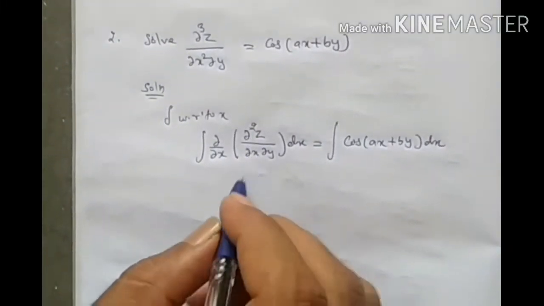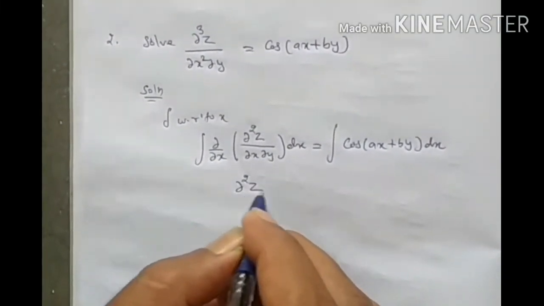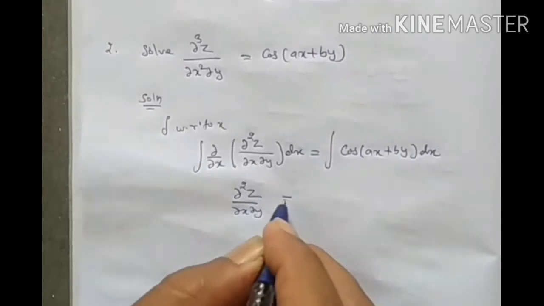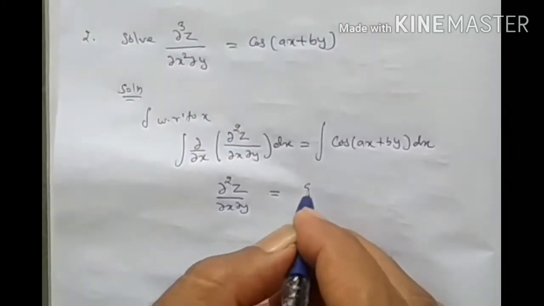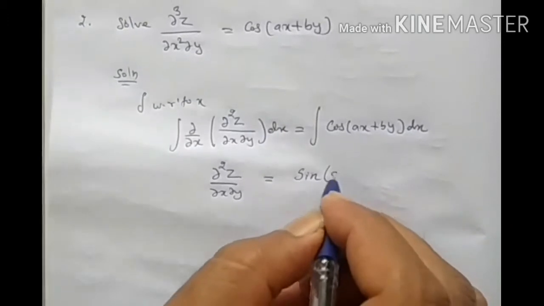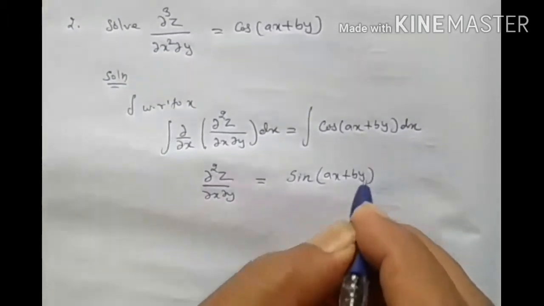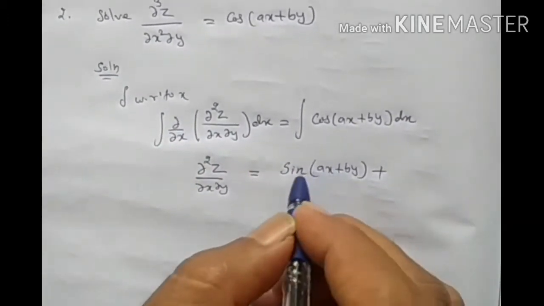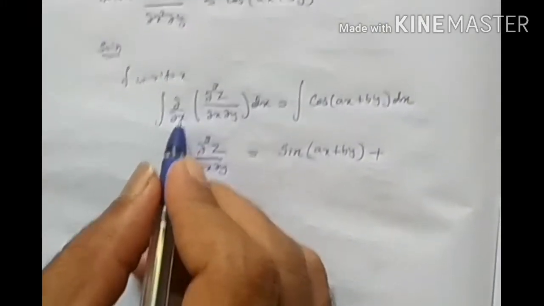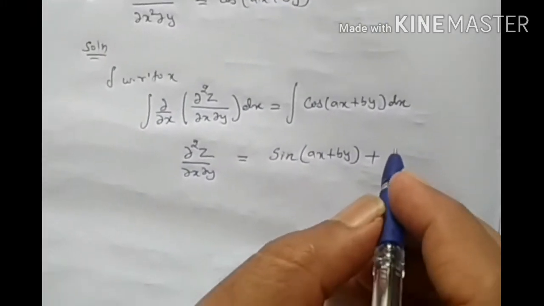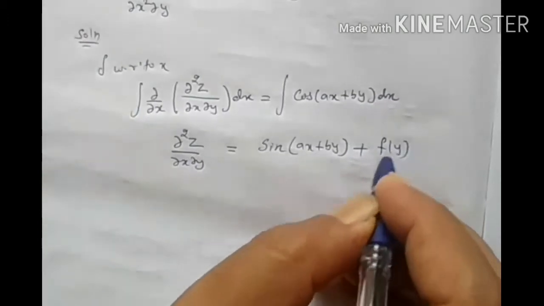So we can write this as ∂²z/∂x∂y equal to the integral of cos, which is sin(ax + by)/a, plus, since we are integrating with respect to x, the function of y is constant, so f(y).